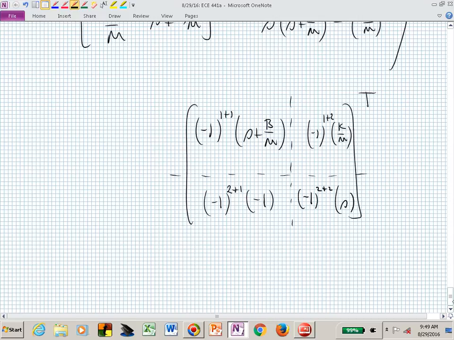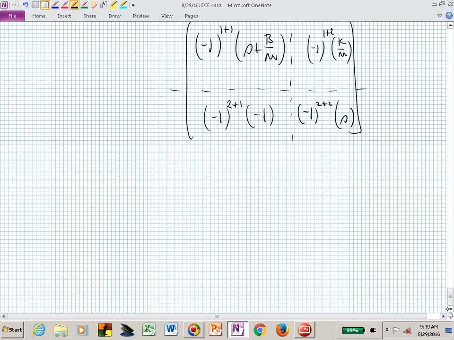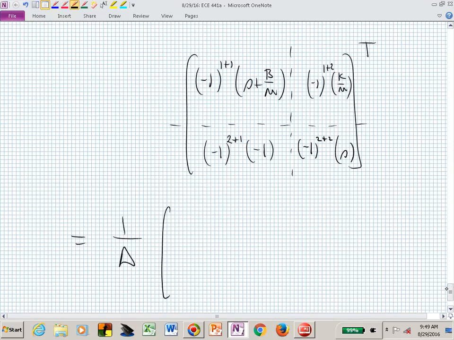If you allow me to call the determinant delta in our aside, I now have 1 over delta times this cofactor matrix transposed. The diagonal doesn't move, does it, when I transpose? I just flip across the diagonal.